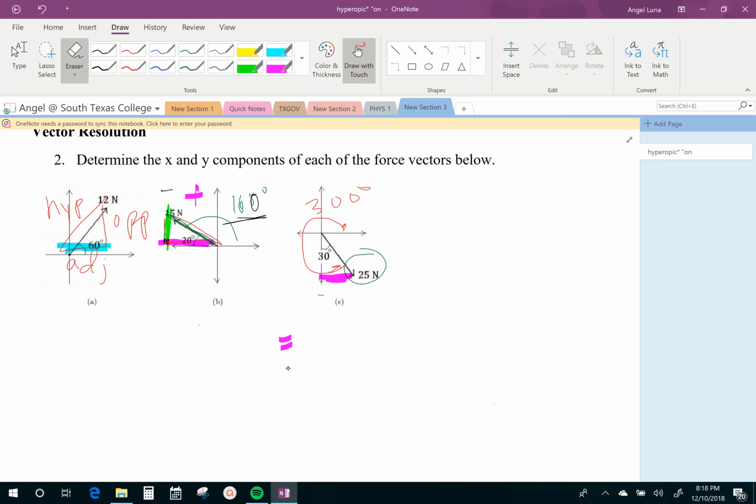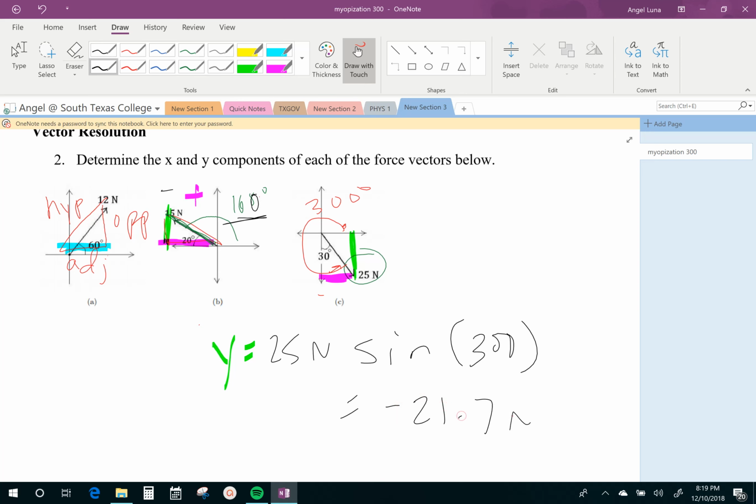Now, looking for the y component. Again, fairly simple. Again, we're going to get the magnitude of the vector multiplied by sine of the angle. And that's going to equal negative 21.7 newtons. And again, it's going to be negative because for the y component, it is in the negative quadrant.